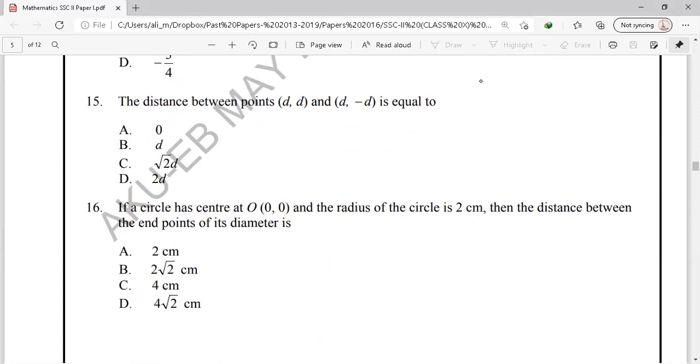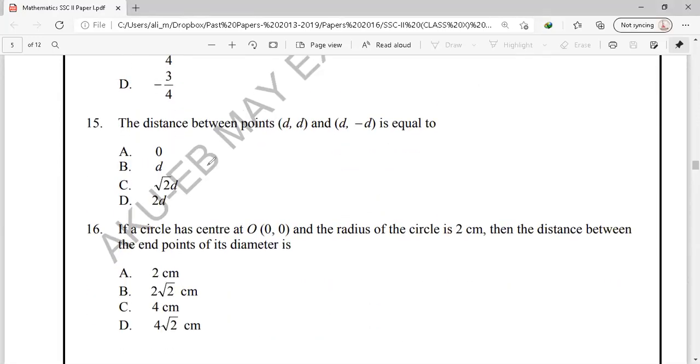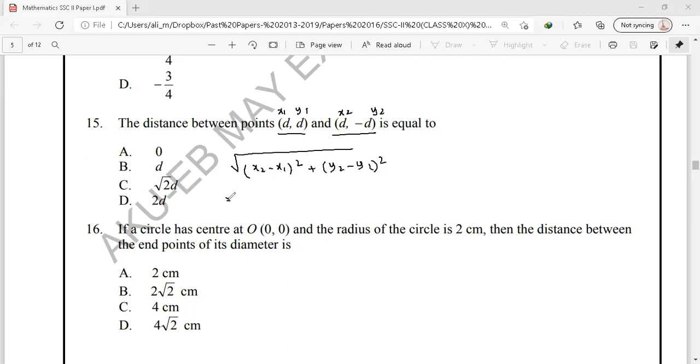Let's come to question number 15, and in this question we have to find the distance between these 2 points. So let's say this is x1 and this is y1, this is x2 and this is y2. The formula of distance between 2 points is the square root of x2 minus x1 whole square plus y2 minus y1 whole square. x2 minus x1 would become d minus d whole square plus y2 minus y1 is minus d minus d whole square.